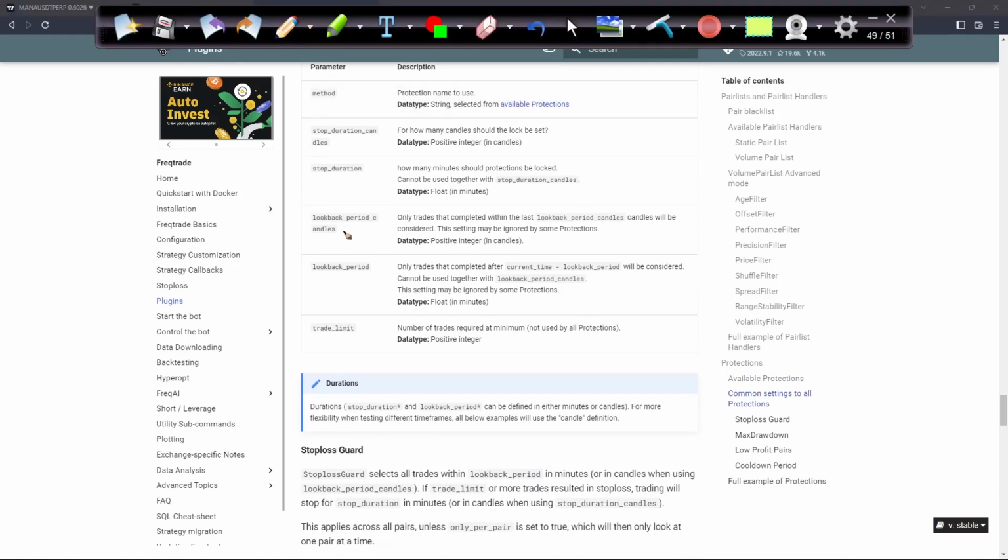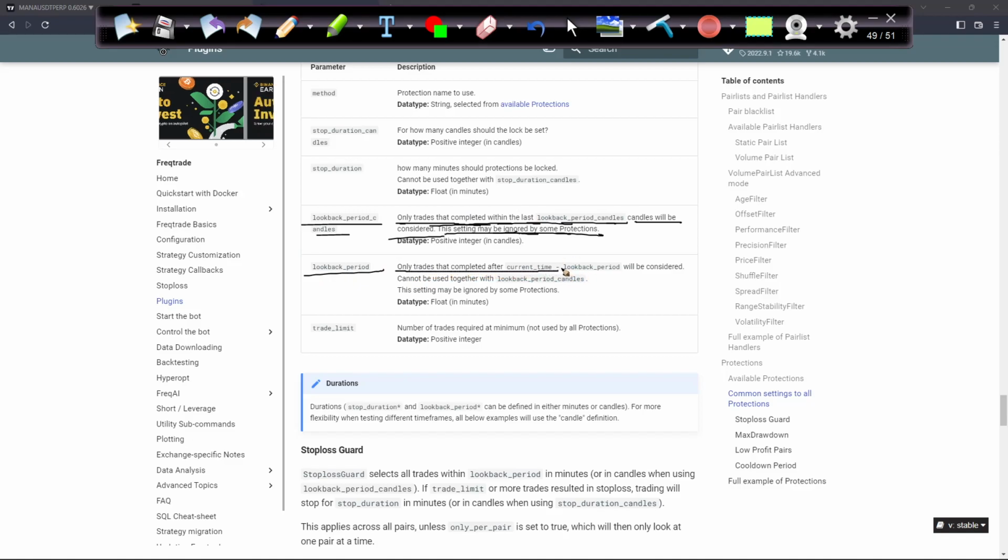And then we have lookback period candles, where only trades that completed within the last lookback period candles will be considered. This setting may be ignored by some protections. Lookback period means only trades that completed after the current time minus the lookback period will be considered, and it cannot be used together with lookback period candles.